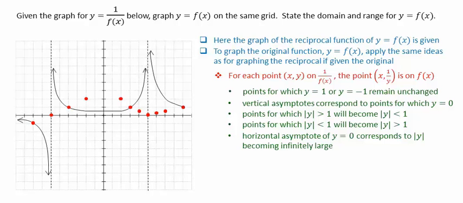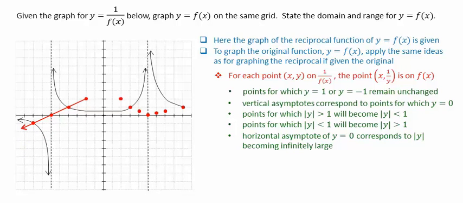For any portions of the reciprocal graph that are curved, the original function will be slanted. In this case, all of the segments of the original function will be linear. For x values less than or equal to -2, it will be a positive straight line.